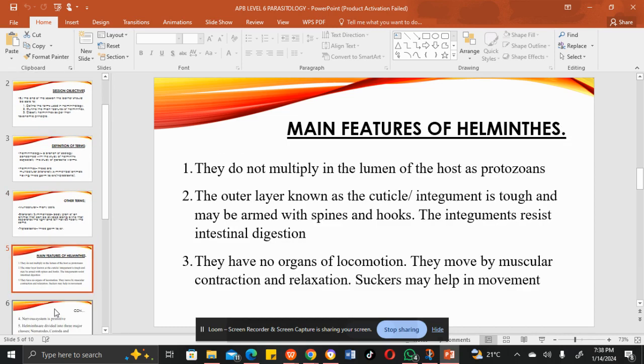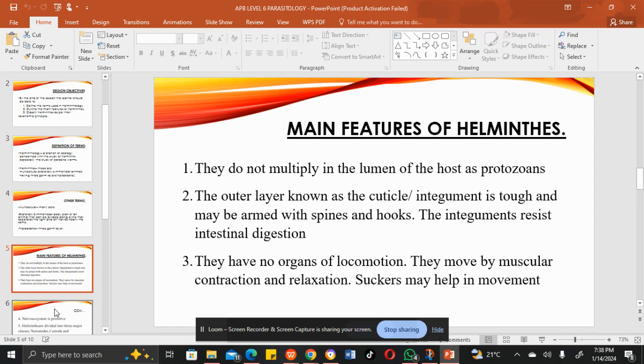The main features of helminths are these: helminths do not multiply in the lumen of the host as protozoans do. And then the outer layer, known as the cuticle, is tough and armed with hooks and spines that protect them and help them resist intestinal digestion by the digestive juices.